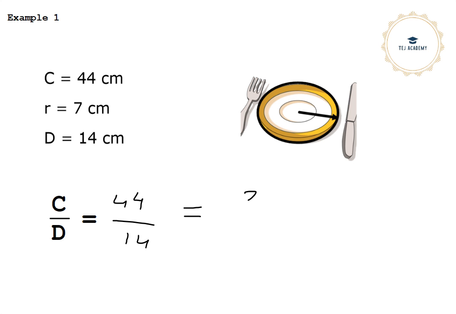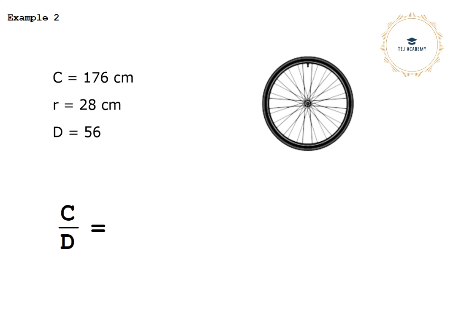After simplification, we will get 22 upon 7. For saving time, I am calculating directly and writing on solving for this example. You may solve it yourself and validate the answer.